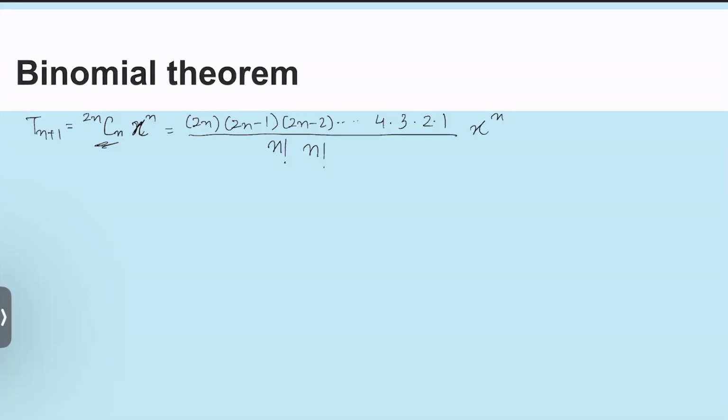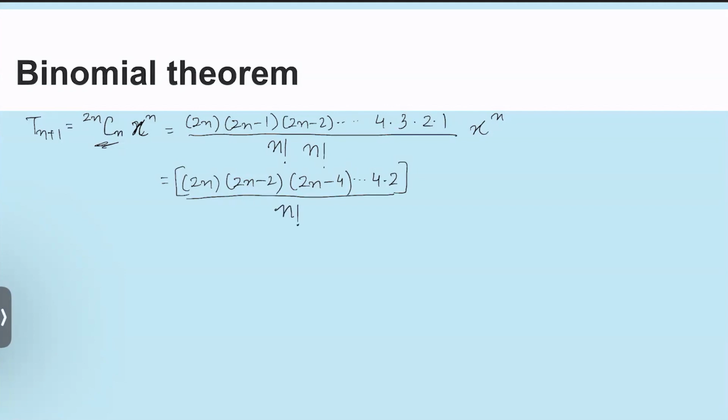Okay, so now let's separate, in even and odd, the numerator in the factorial. So you have 2n, 2n minus 2, 2n minus 4, all the way up to 4 and 2, divided by n factorial.